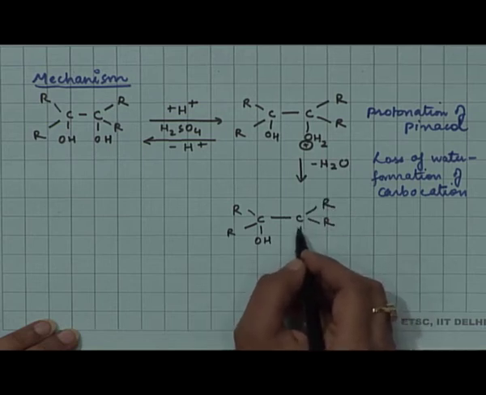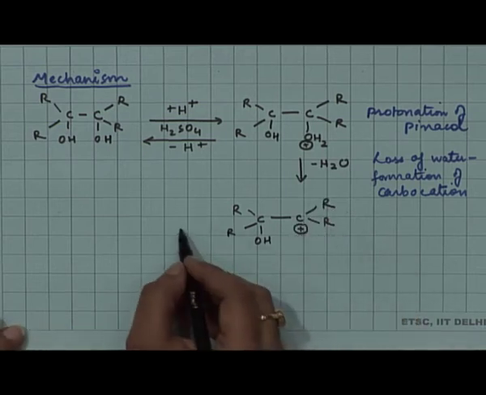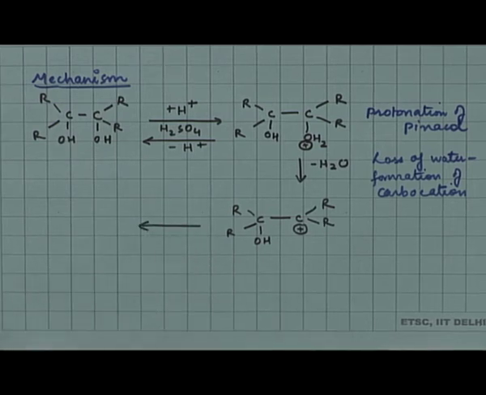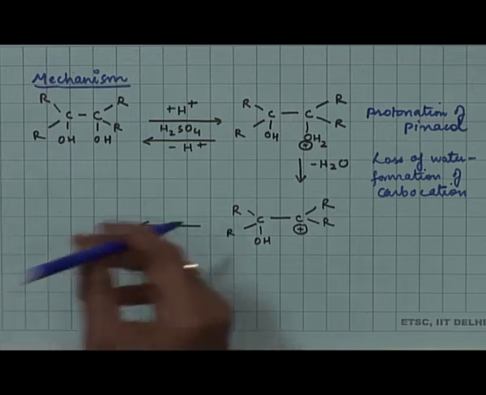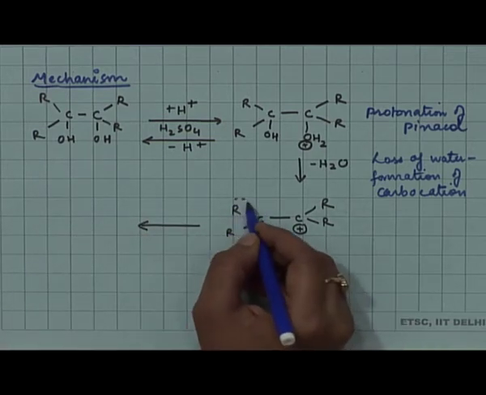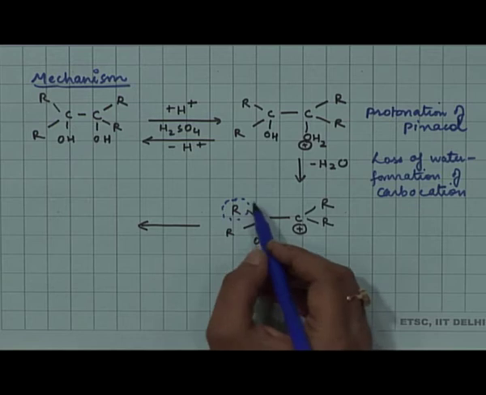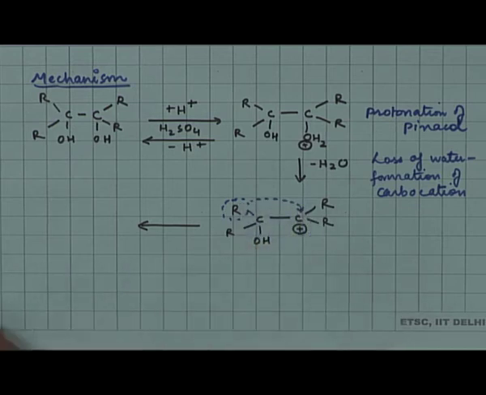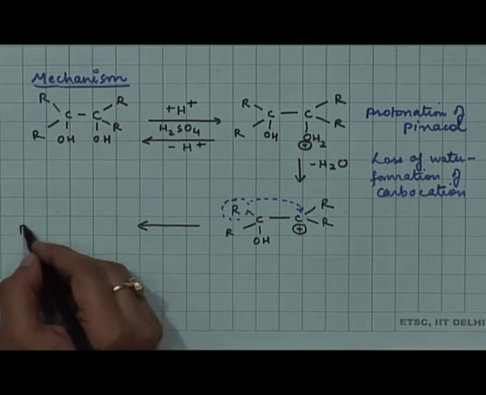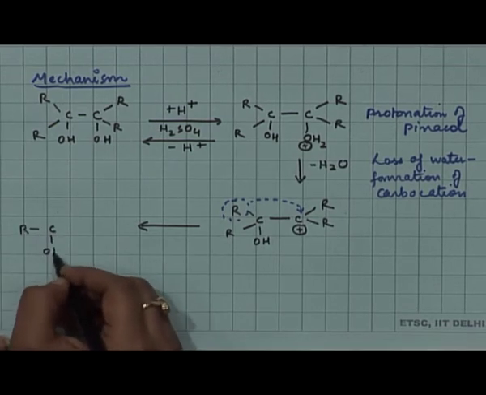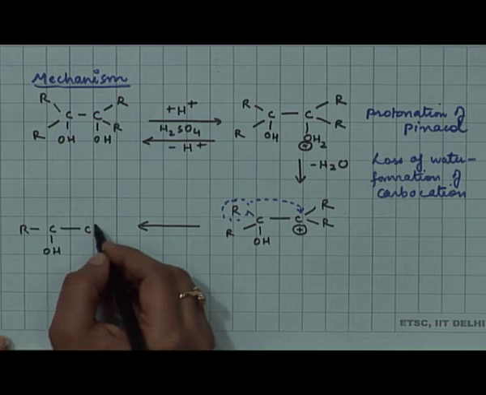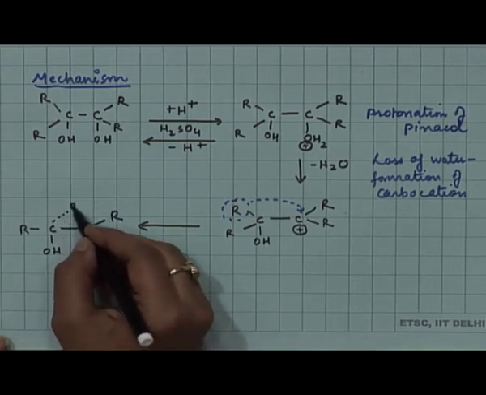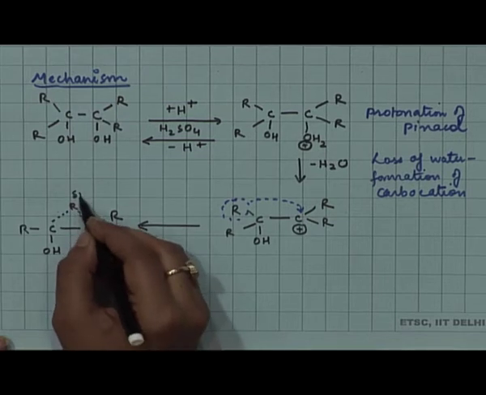and generation of this carbocation, and this is happening complementarily, so that this alkyl group here is migrating towards this carbon which is bearing a positive charge, so that you get this kind of a cyclic intermediate.